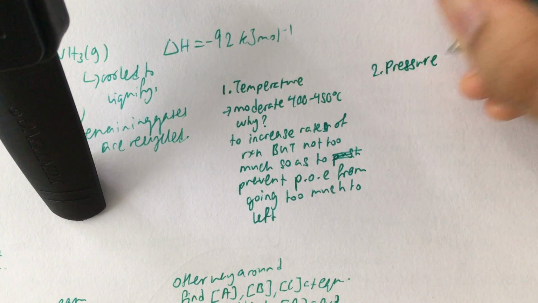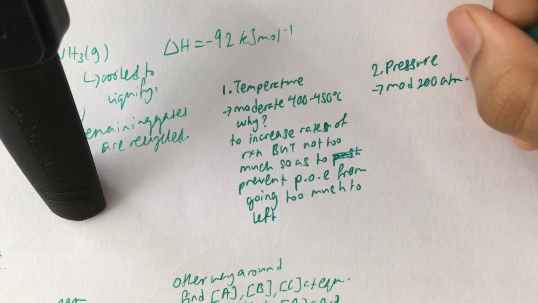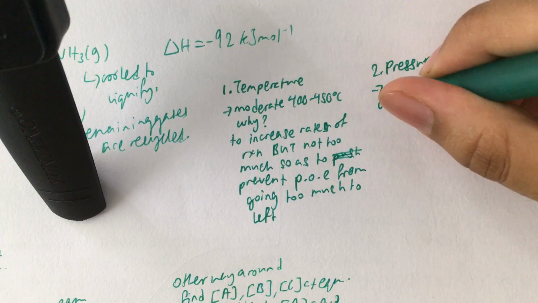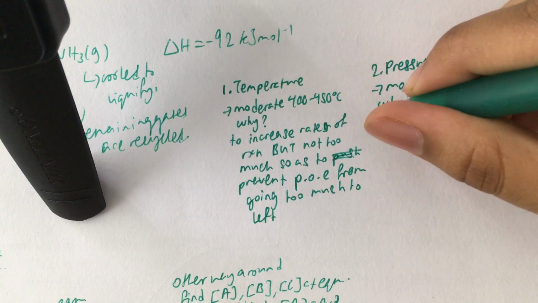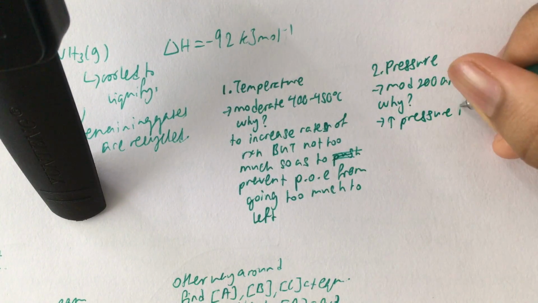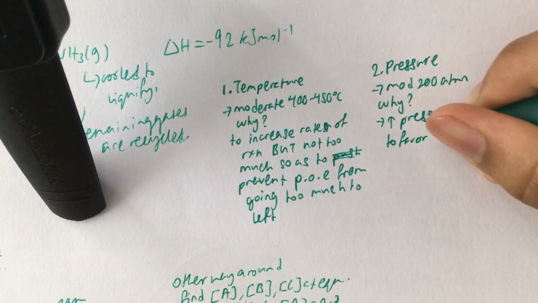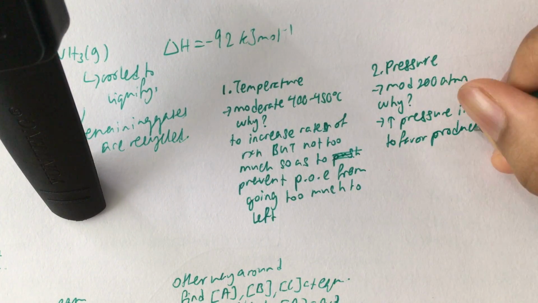And that is because if you look at the whole reaction again, it's 4 moles of gas becoming 2 moles of gas. So the forward reaction decreases the pressure.